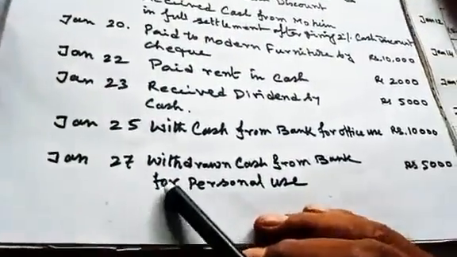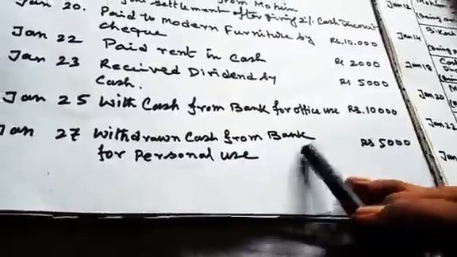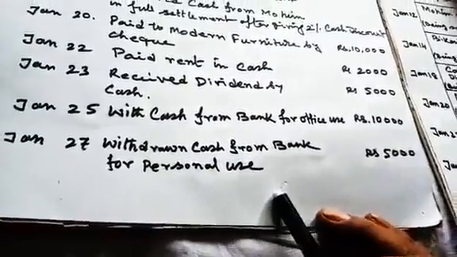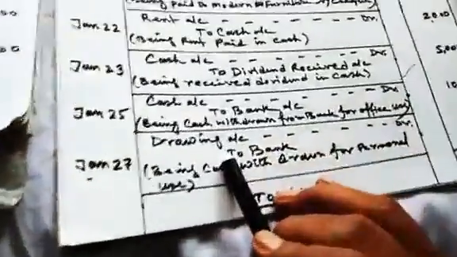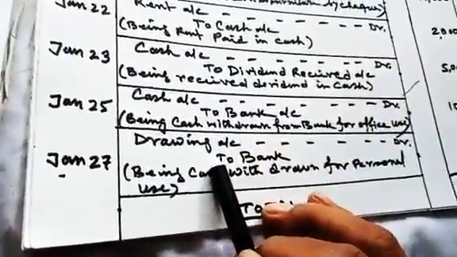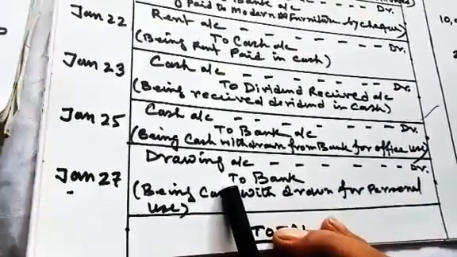Now see the last transaction. January 27. Withdraw cash from bank for personal use, rupees 5,000. The amount withdrawn for personal use is not for business purpose. That is for the personal purpose of the owner. So that will be treated as a drawing.